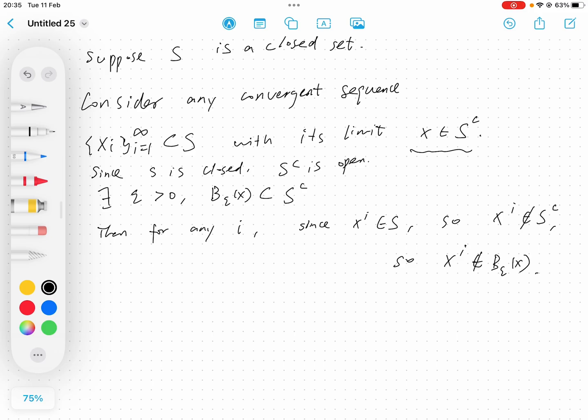So this X is not a valid, or not a true limit, right? Because all those points are not inside of this ball. They're too far from each other.